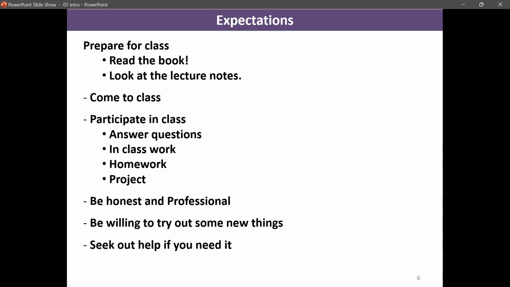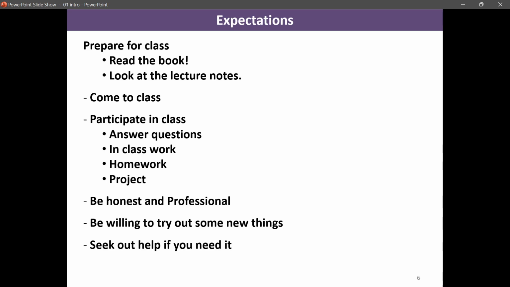Okay. So my expectations for you are to prepare for the class, read the books if you can. I will make sure that all of the lecture notes are posted before the class, so you can just go over the lecture notes and come to class prepared. It is very important for you to come to class and participate in class.